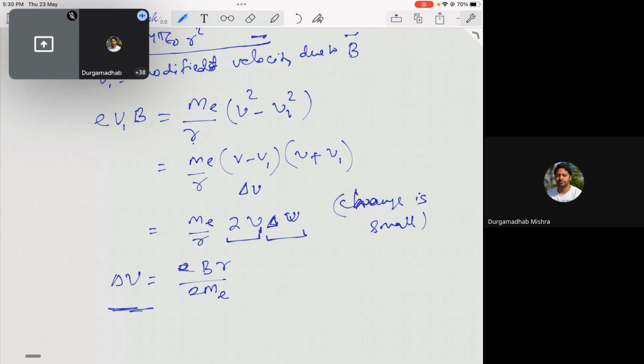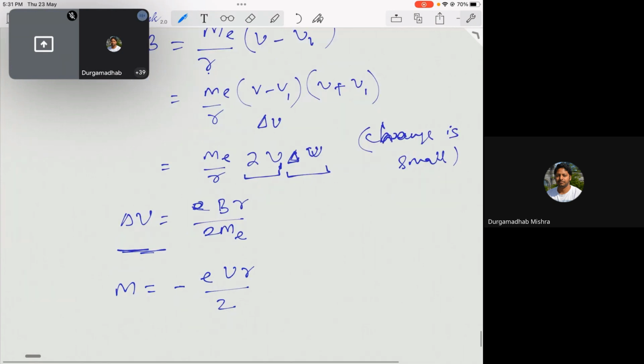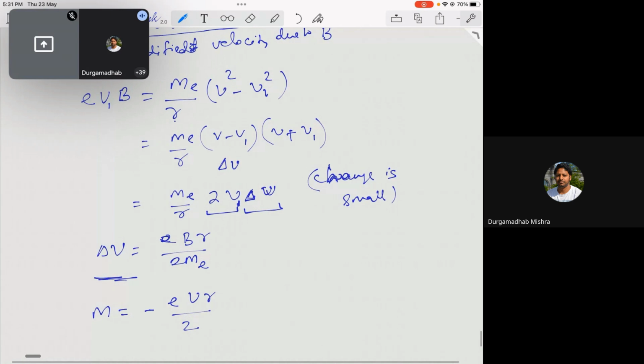Why? Because we saw earlier that our magnetic moment is proportional to the orbital angular momentum. We can write it as minus eVR by 2. So the magnetic moment is always proportional to the velocity of the electron.